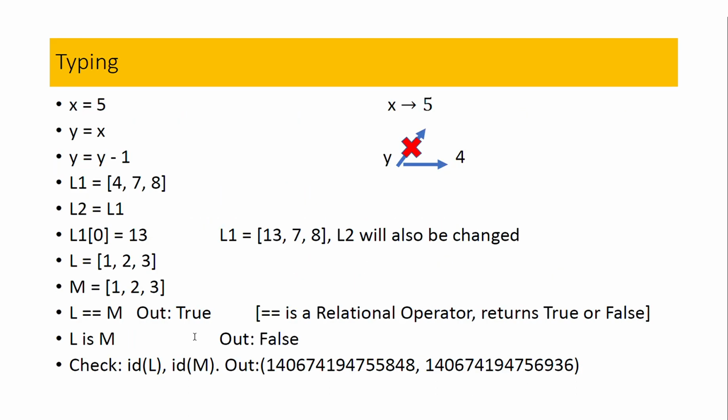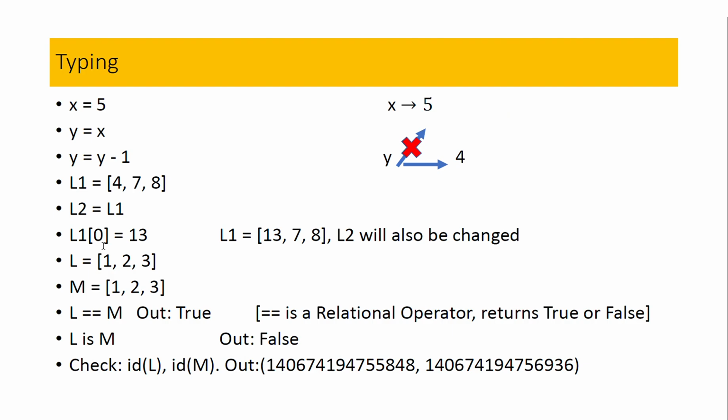Like typing, right? From x equals 5, x tends to 5, y equals x, then y equals y minus 1. And then line 1 could be 4, 7, 8, and line 2 could be equal to line 1. So your variable line 1 can be assigned to L2.